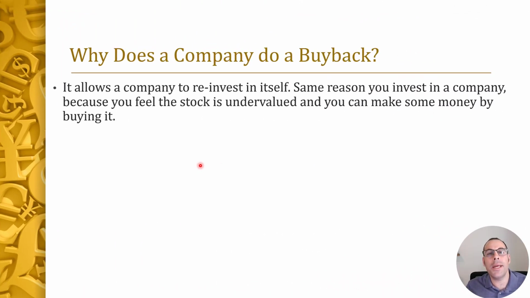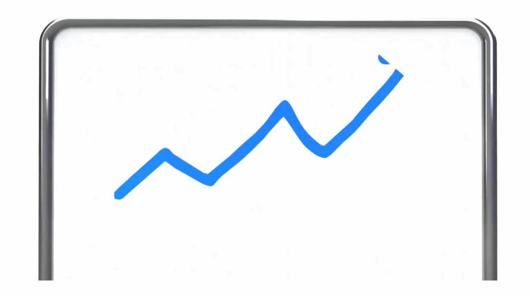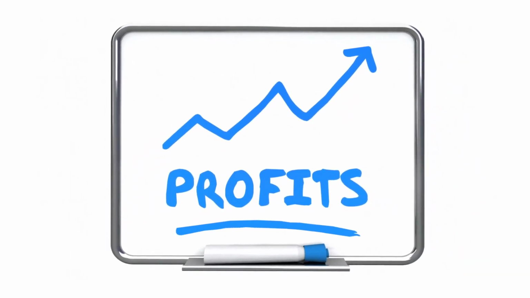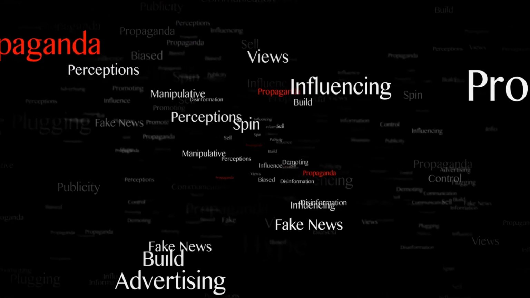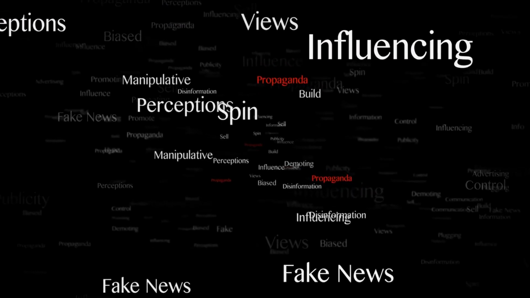So why does a company do a buyback? Well, it allows them to reinvest in themselves. The same reason you invest in a stock. You hope the stock goes up because it's undervalued. When a company buys its own stock, it hopes it goes up and it makes a profit. And the company always puts a positive spin on everything. The CEO will say the buyback is the best use of capital at this time.